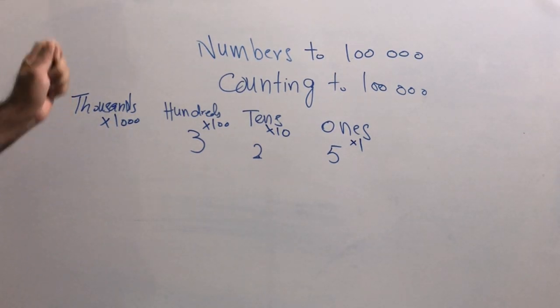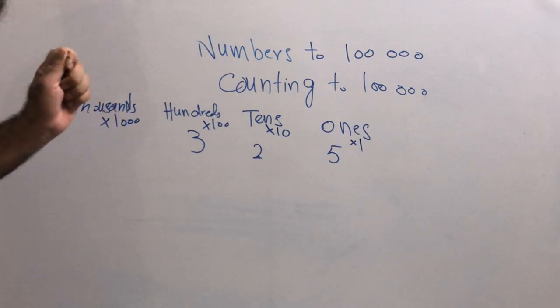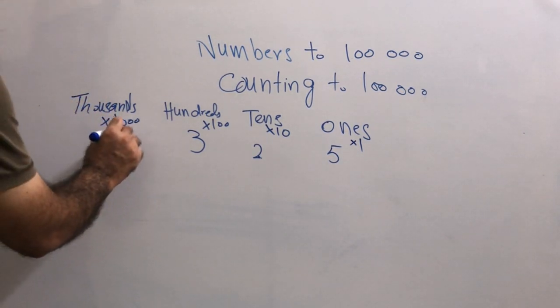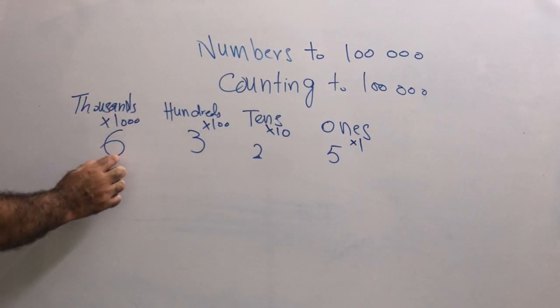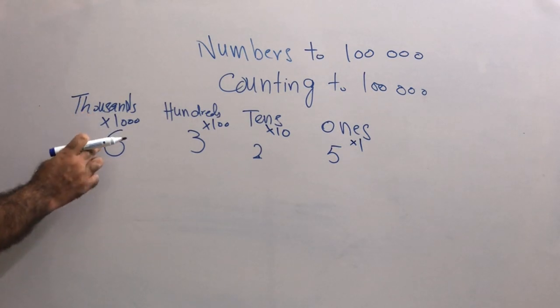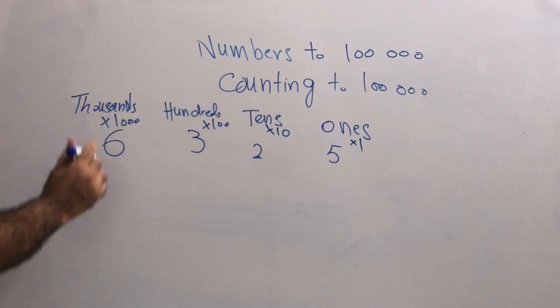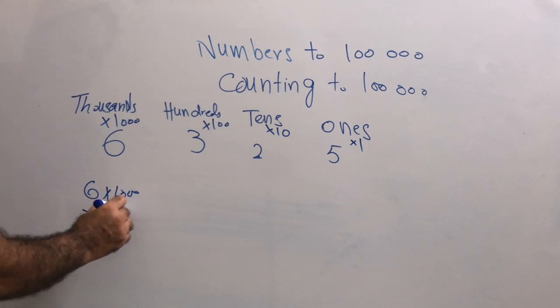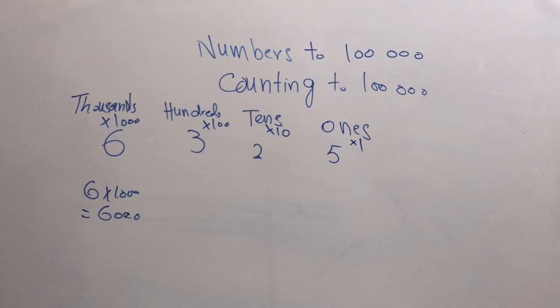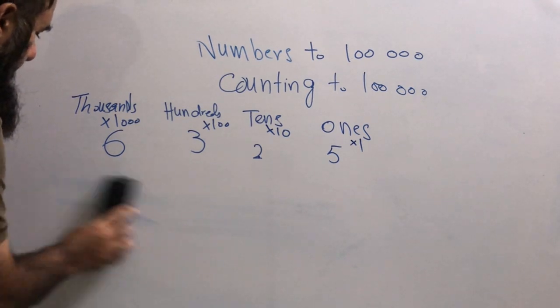To know the value of the numbers. If the digit is in the thousands place, I directly multiply it with 1000. 6 multiplied by 1000, its value is 6000.